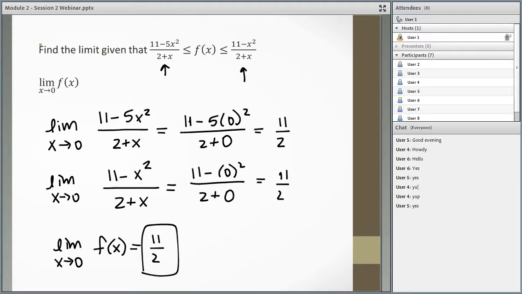And we were given that f of x is between those two functions here. It's possible that we would be given a case where we aren't told that, and we'll come back to that later on in the webinar. But that's another approach. If we weren't given f of x, or if we were given a function that doesn't have an easily calculated limit, we might be able to use the sandwich theorem.